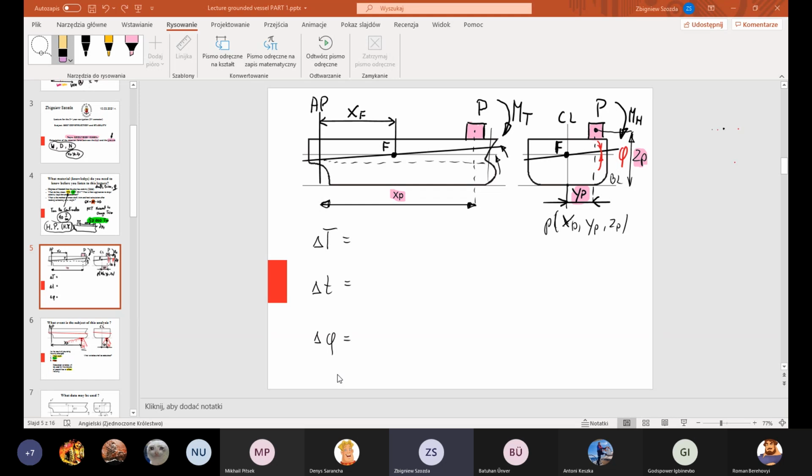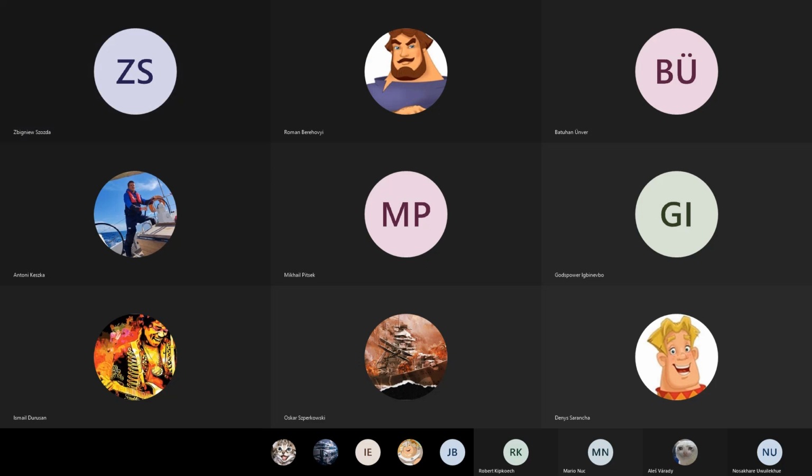Okay. Who is brave enough to answer the question? It should be obvious for everybody. I think almost everybody knows how to calculate change of mean draft, change of trim, and change of heel when additional weight has been loaded. So I encourage you to provide me the formula.